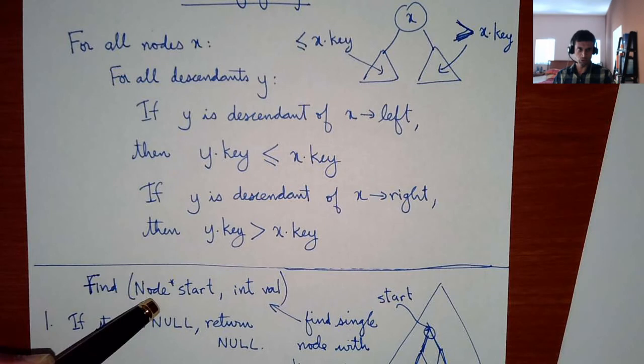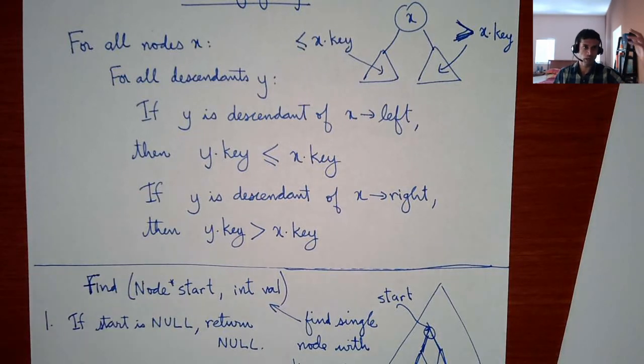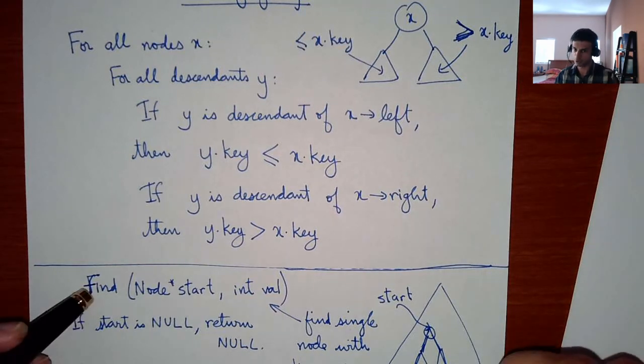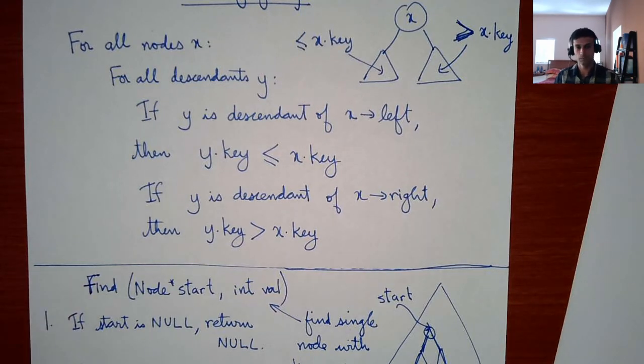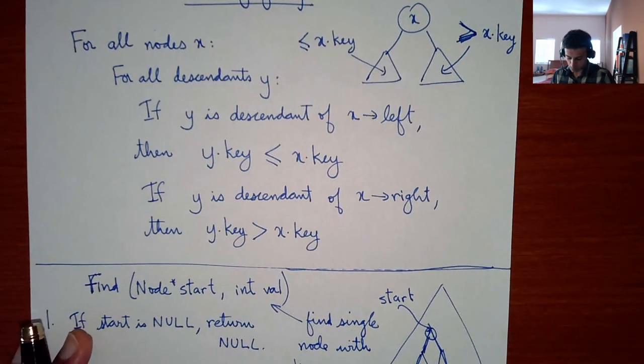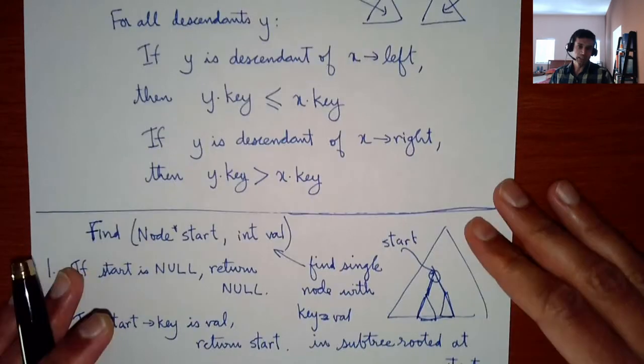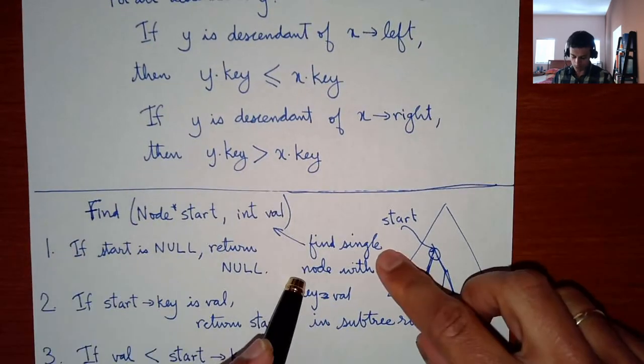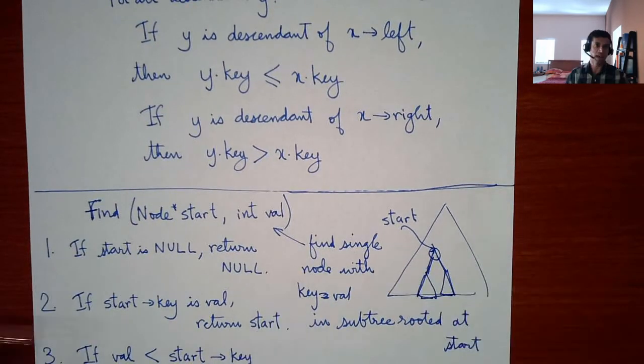Eventually, you have this one function that is non-recursive that just does find. It is going to call the recursive function with the root. Yes, this is trying to find a single node whose key is val.